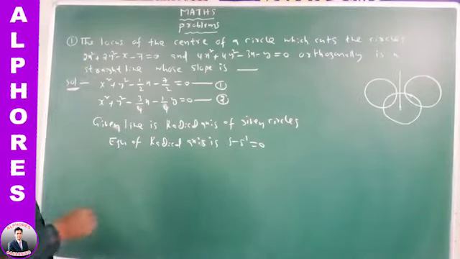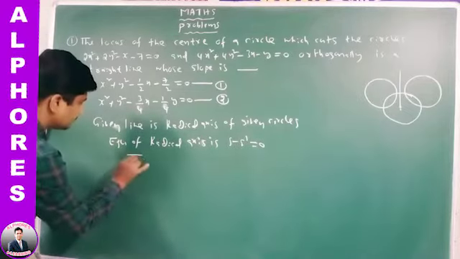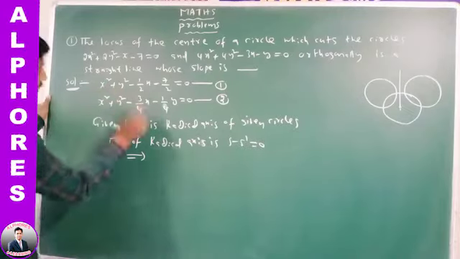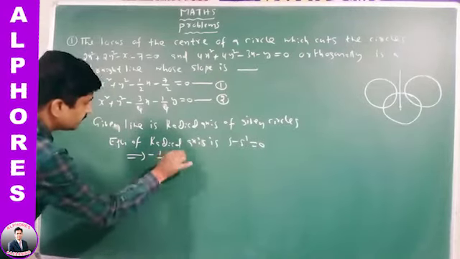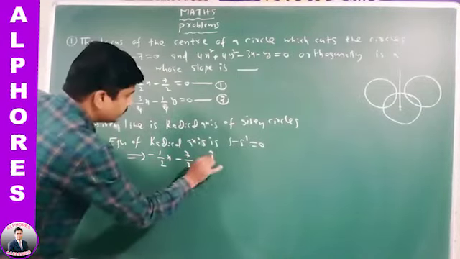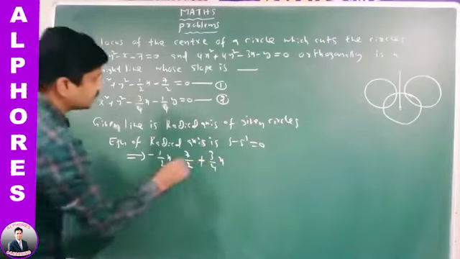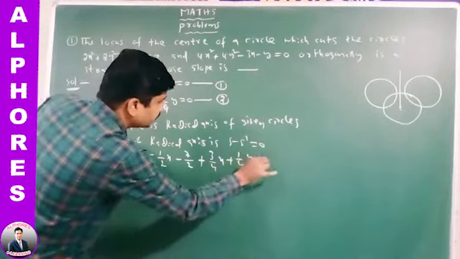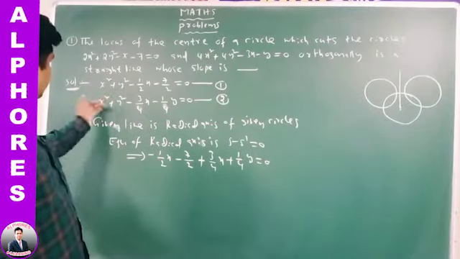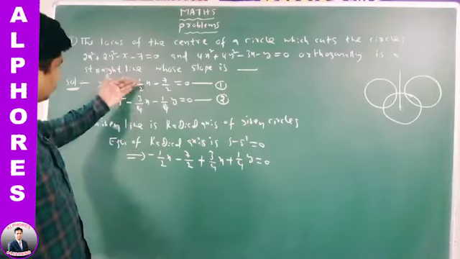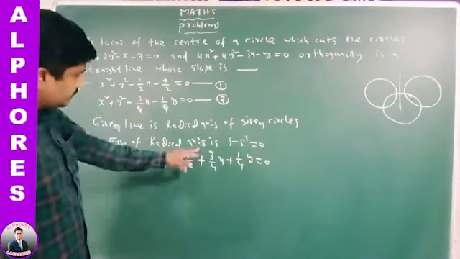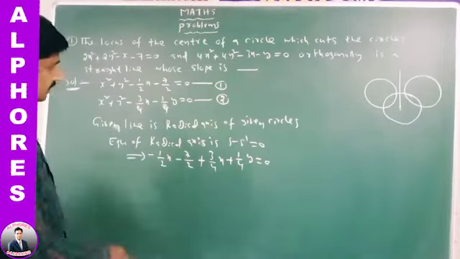Now S minus S dash: x square y square cancel, remaining minus 1 by 2 into x minus 7 by 2. Here minus into minus plus, so plus 3 by 4 into x plus 1 by 4 into y equal to 0.